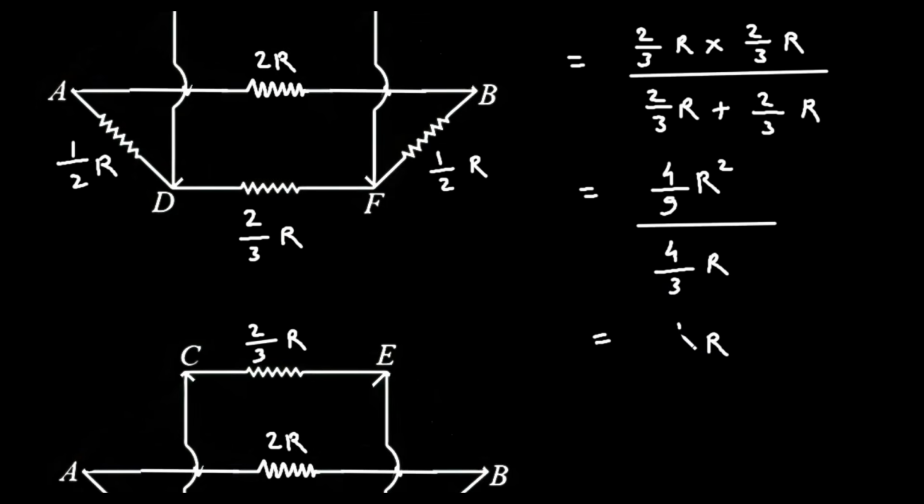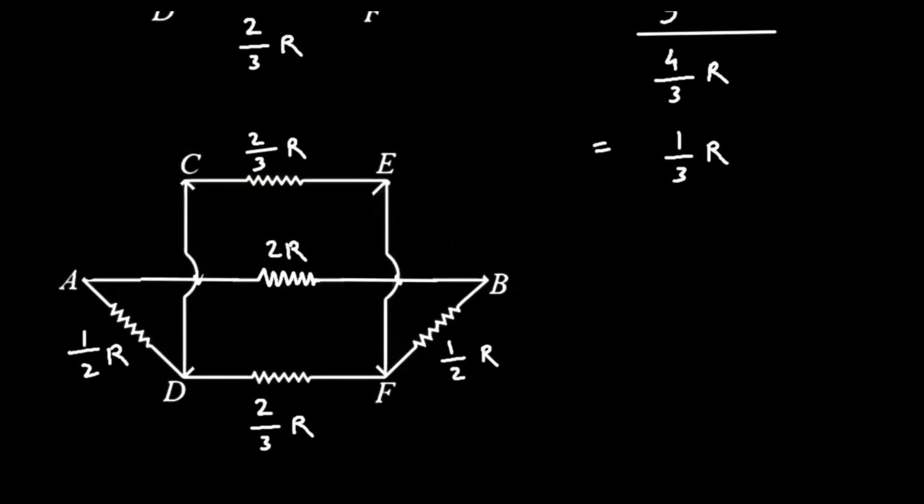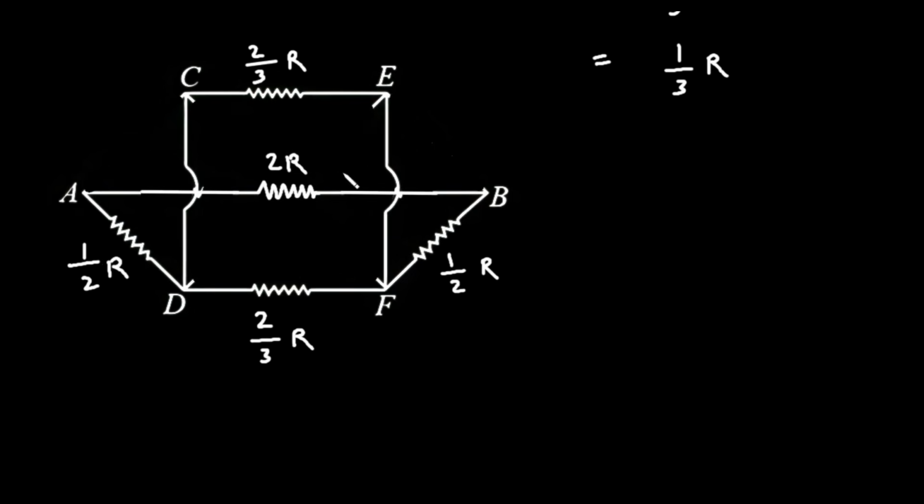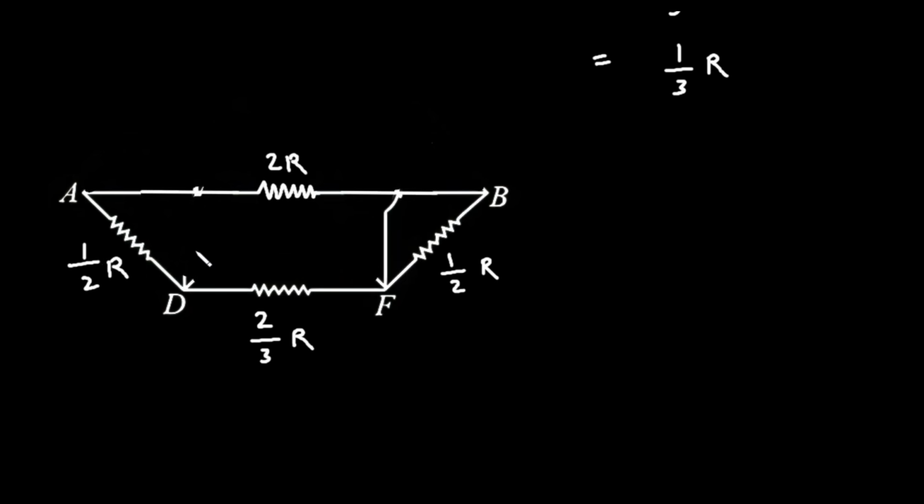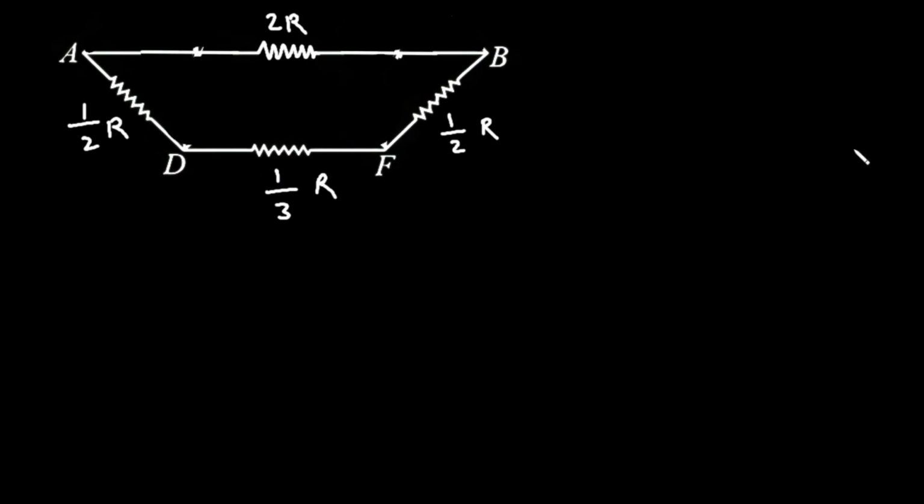So now it will be 1 by 3. So now we can replace these two resistances with 1 by 3. So let's replace them. It will be simply 1 by 3 into R. Now we can easily simplify this.